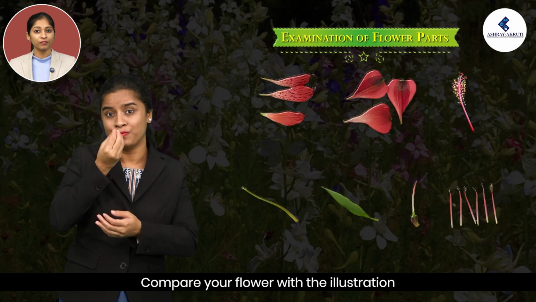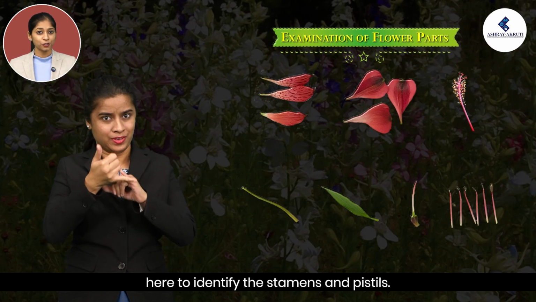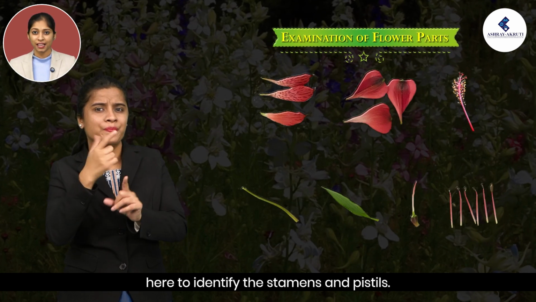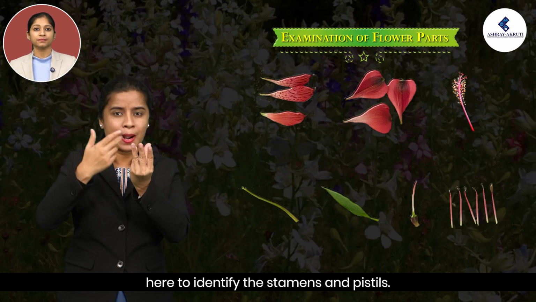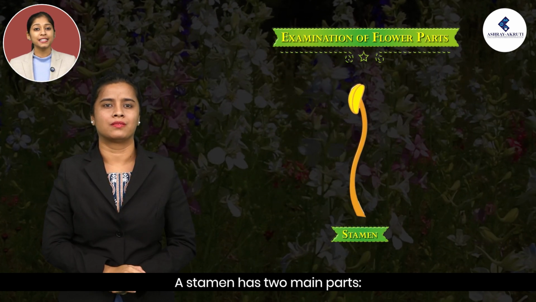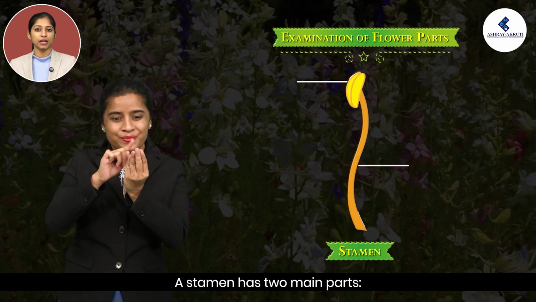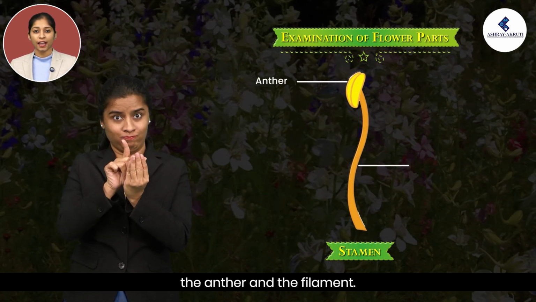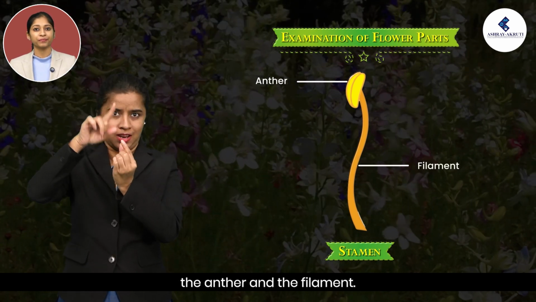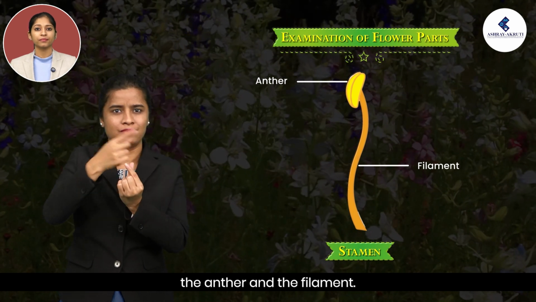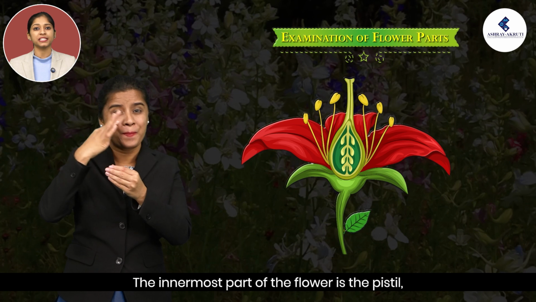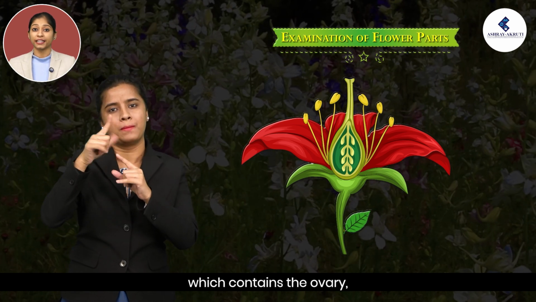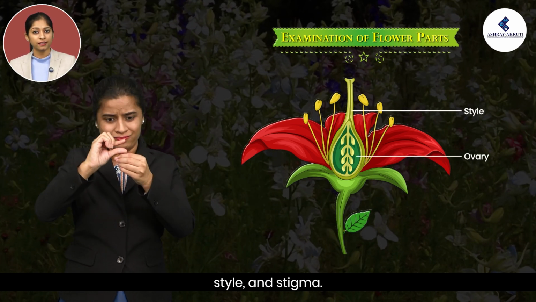Compare your flower with the illustration here to identify the stamens and pistils. A stamen has 2 main parts, the anther and the filament. The innermost part of the flower is the pistil, which contains the ovary, style, and stigma.